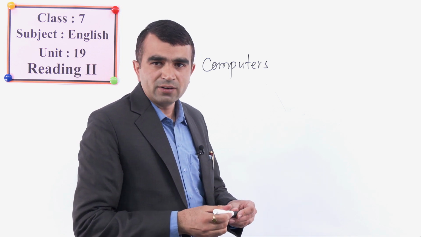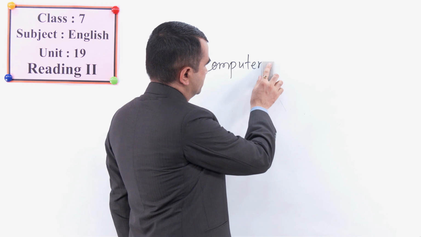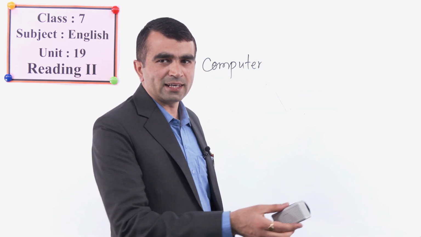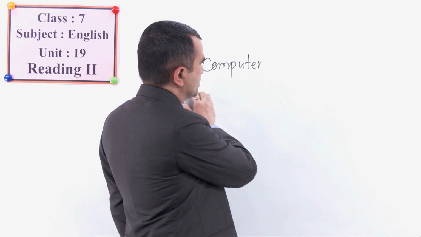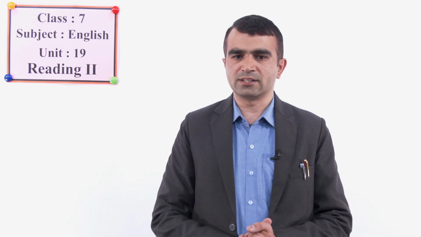Now, if I want to write computer, I erase S. This is erasing. Or after I write, I can erase this. It means rub out or clean, isn't it? Remove the matter.